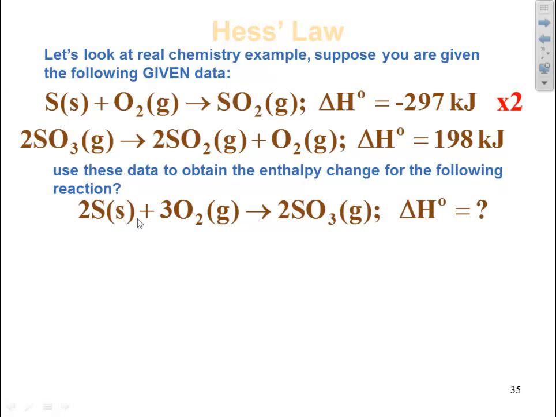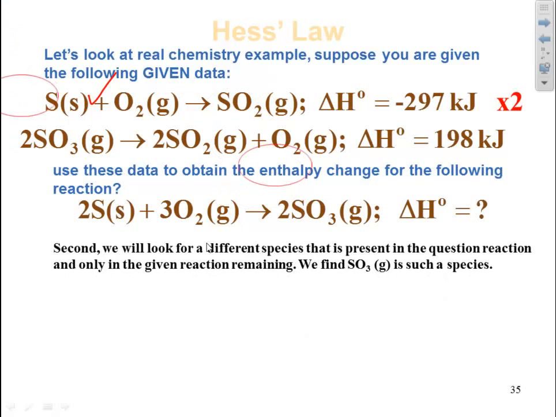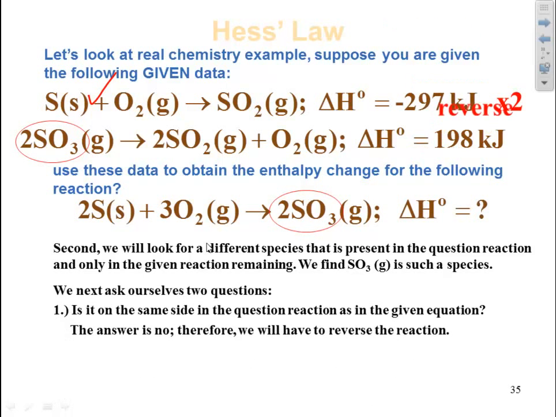So now we did something to equation number 1. Now we have to see if we can find something in equation number 2. And the thing that we're looking at is SO3. I see that SO3 is only in the second equation. So I will take that and ask my questions. First question, is it on the correct side? It's on the product side for my question, and it's on the reactant side for my given. So therefore I have to flip the reaction.